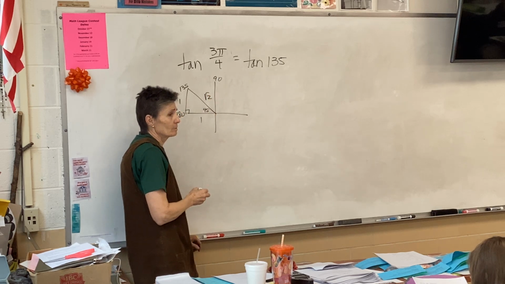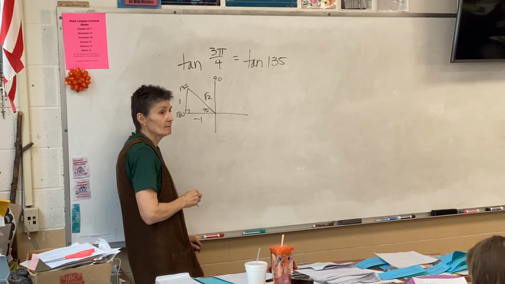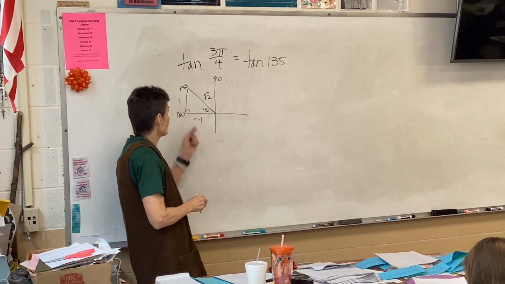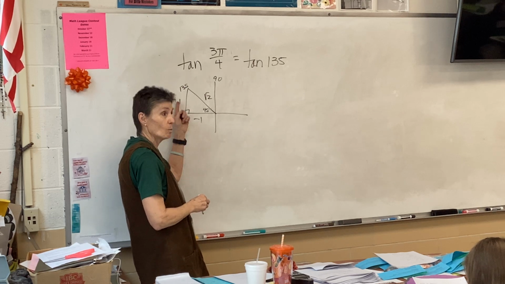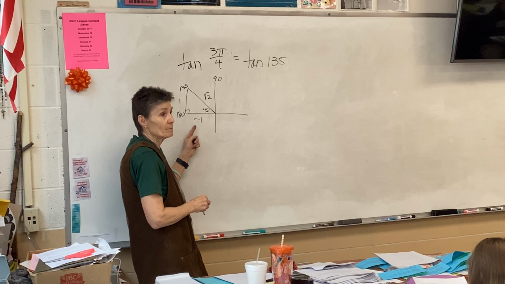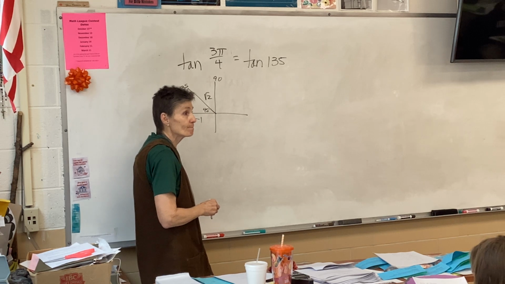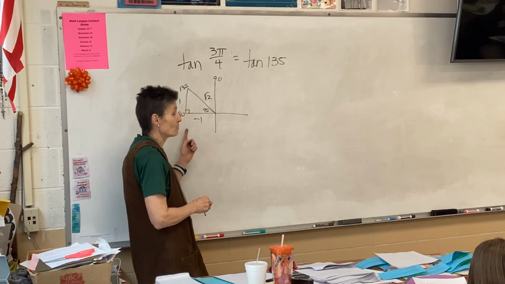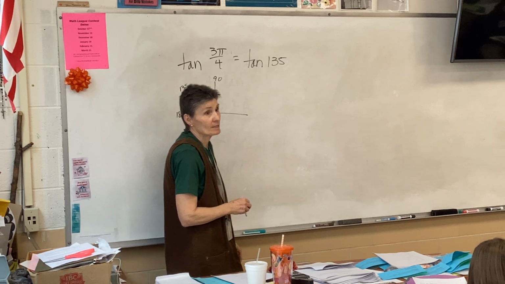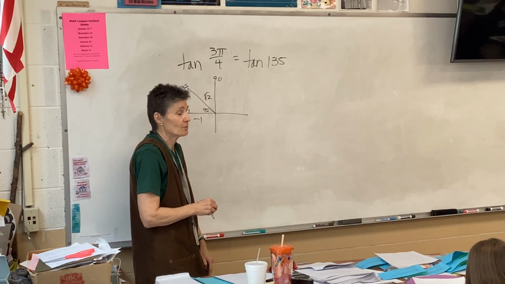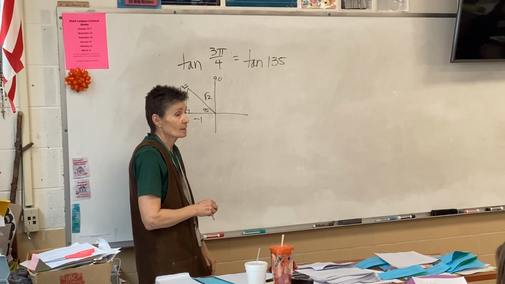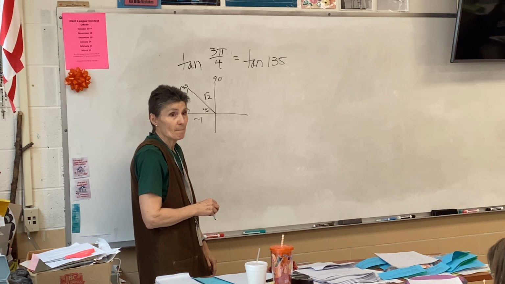There's a negative right there. So the tangent is opposite over adjacent, y over x. That would be -1. Yeah, that's a review problem, but in a minute, you're going to see why it's crucial that you can do that kind of thing. Are we good with that?